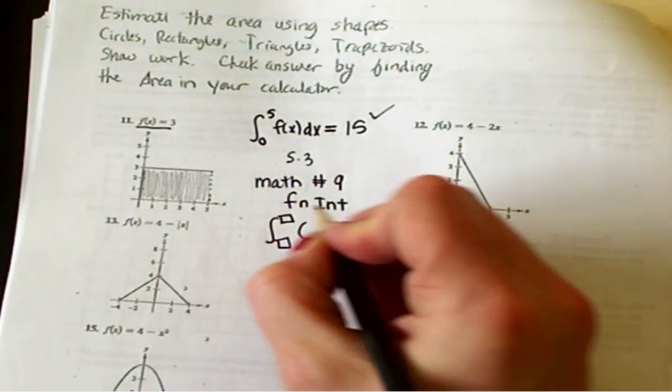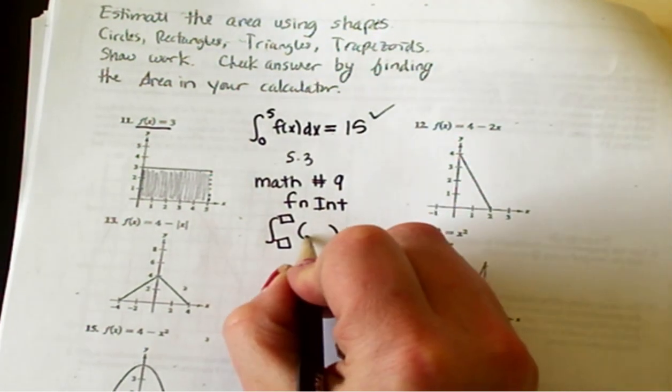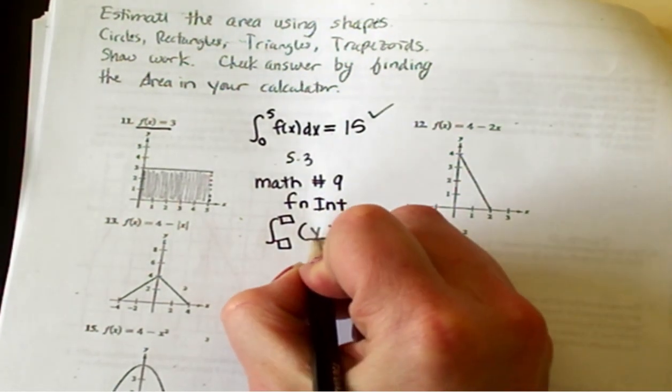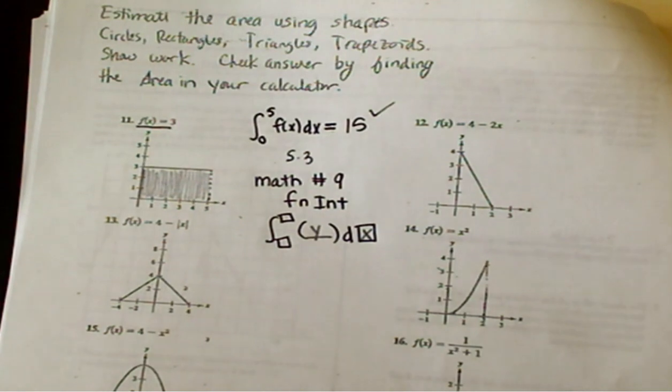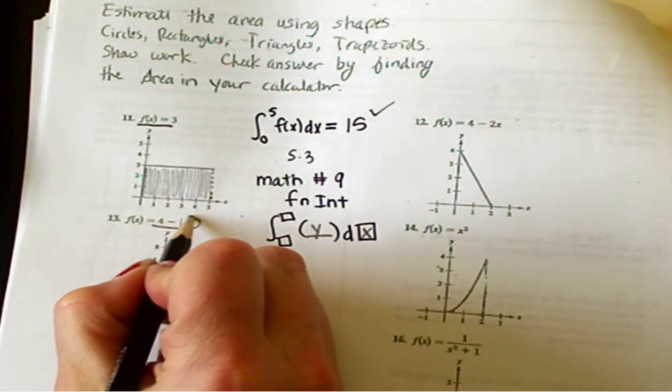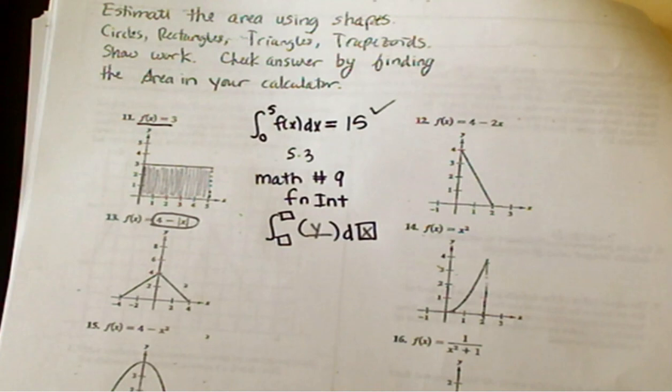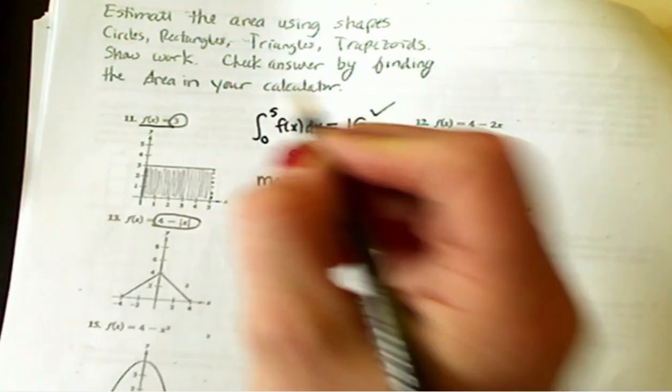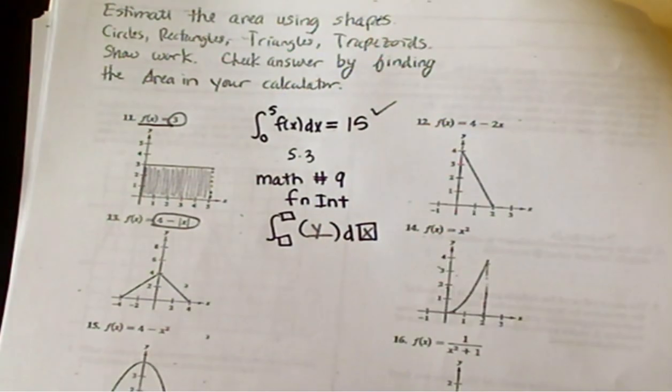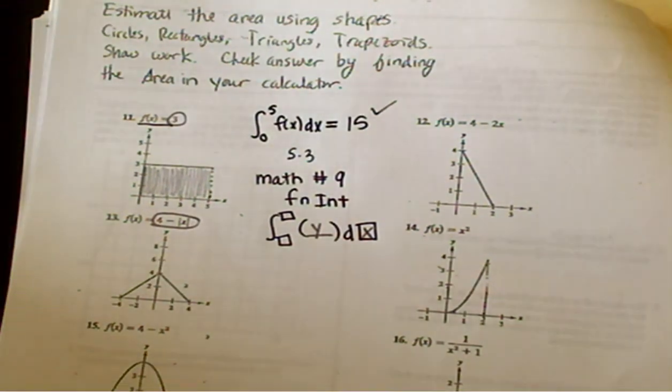Where do you stop? X. And then right here, that's what you type in, whatever the equation is, the picture. 4 minus absolute value of x. 3. That's what's going into that portion right here. Okay. To do this without me.